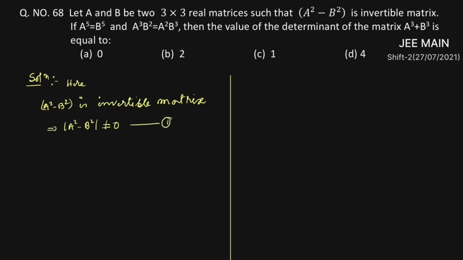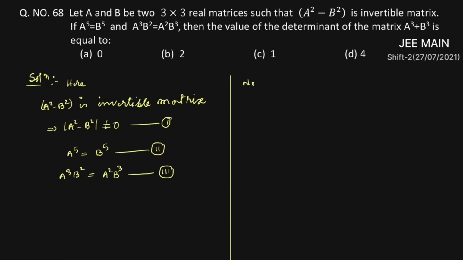Now again, given that A to power 5 is equal to B to power 5, we take this to be equation number 2, and also given that A cube B square is equal to A square B cube, we take this to be equation number 3.